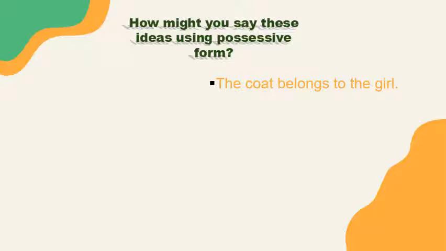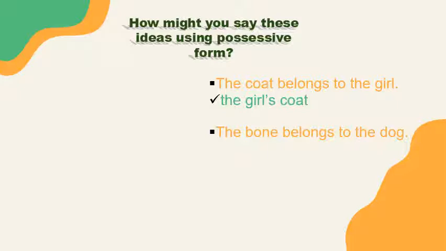So I put the person who owns that thing at the beginning. So I have to start with the girl. And what belongs to the girl? The coat. So I say the girl's coat. So I start with the name of the person or the name of the thing that owns the other thing. Then I follow it with the object that belongs to it or to him or her. The girl's coat.